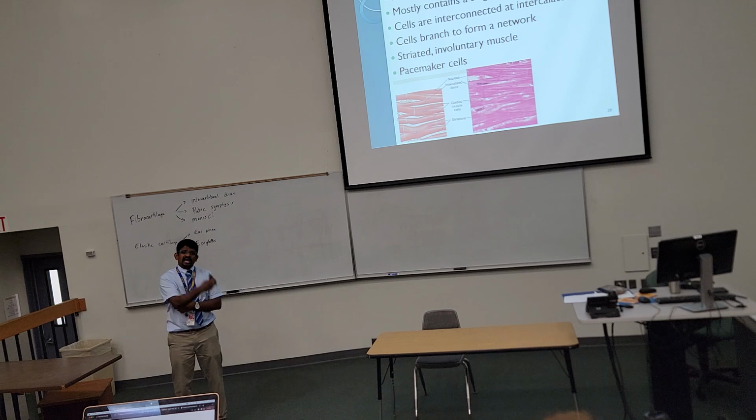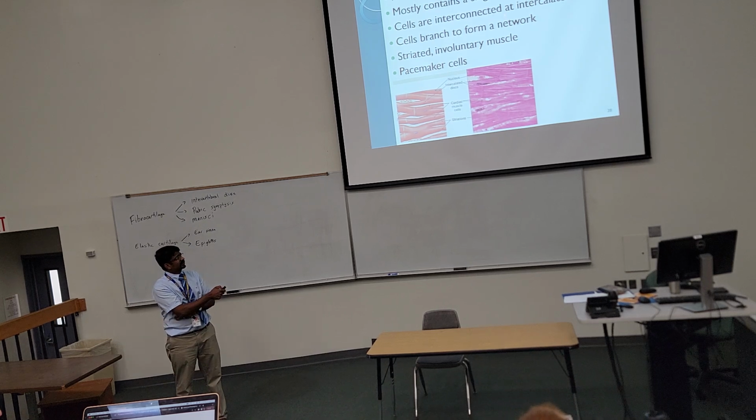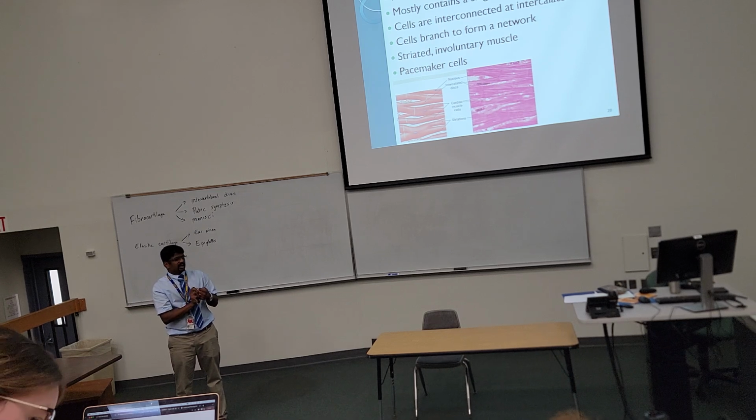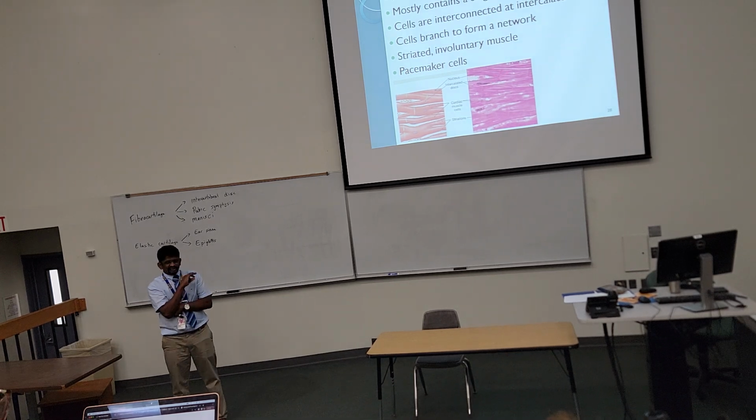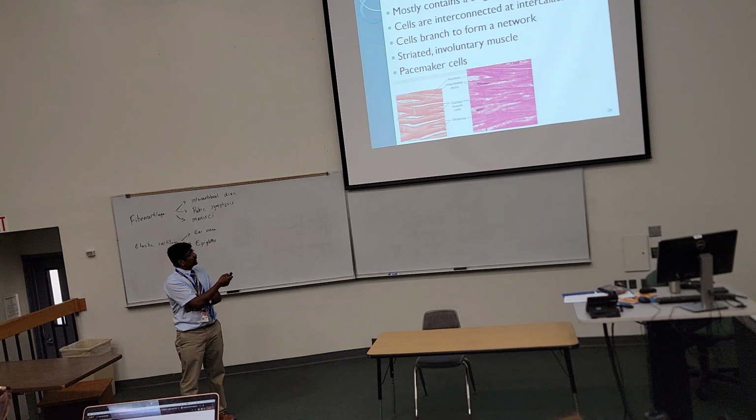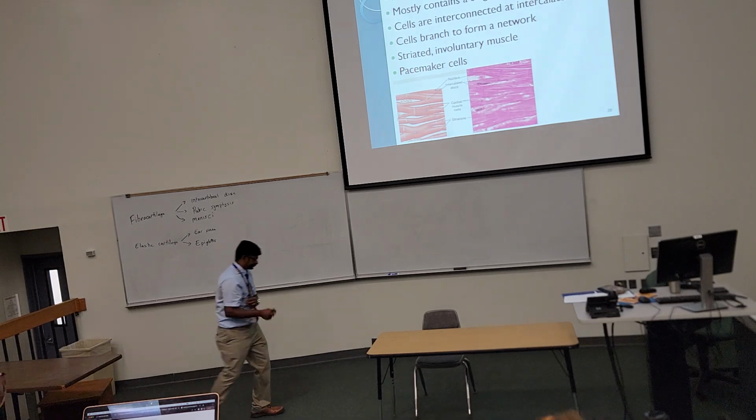So this way we don't have to stimulate each one. That will be the significance of intercalated discs. These are the only ones that have intercalated discs. Smooth muscle do have junctions between them which allow ions to pass through, but they're not intercalated. They're not these nice, very thick connections between 2 adjacent cells.